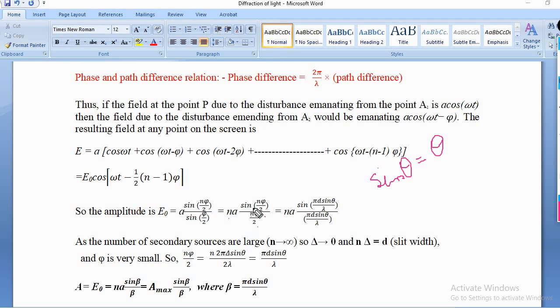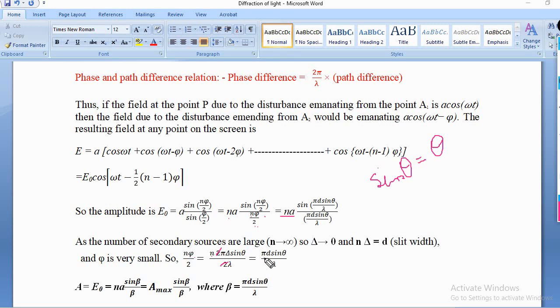So sin n phi by 2 divided by n phi by 2, multiplied by n. Now you have n into A sin n phi by 2 over n phi by 2. So what is n phi by 2? Phi you have already calculated: this is 2 pi by lambda into delta sin theta, and it must be multiplied by 2 divided by n. So this 2 and this 2 will be adjusted. So what is left?